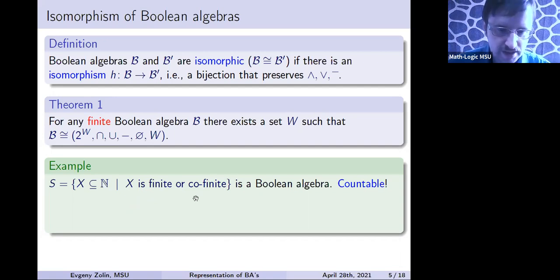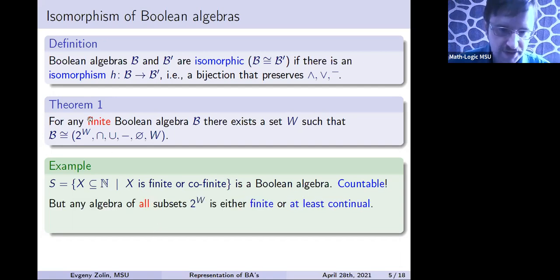subsets. But if we consider a Boolean algebra of all subsets, it always has either a finite number of elements or at least continuum. If W is infinite, so at least countable, 2 to the power W is at least continuum.